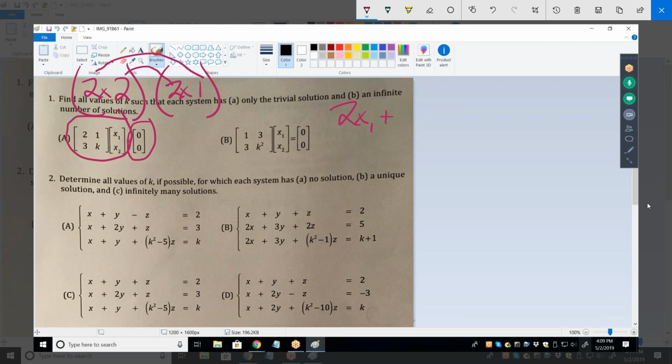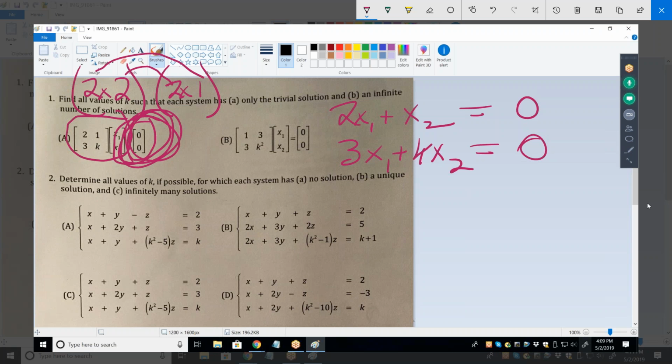And that gives me this. Then the second row is going to be 3x sub 1 plus kx sub 2. And that's equal to 0, and that's equal to 0, because they're telling us that that matrix is 0, 0.